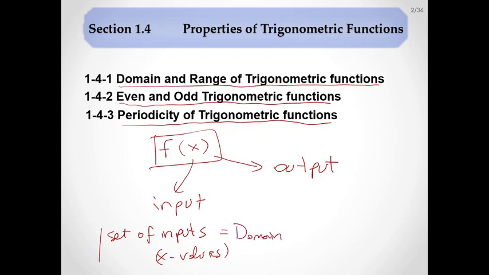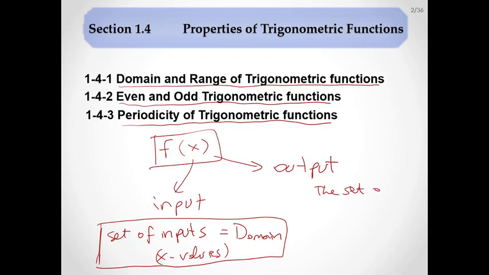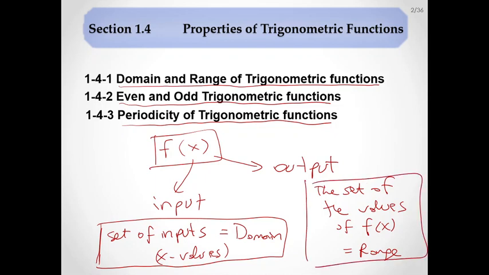So these are the inputs, the set of the inputs that is accepted by f is called the domain, and the set of the values of f of x for all x, I mean, for each x we have one value, so all of them together will be the range of the function. So let's remember those.